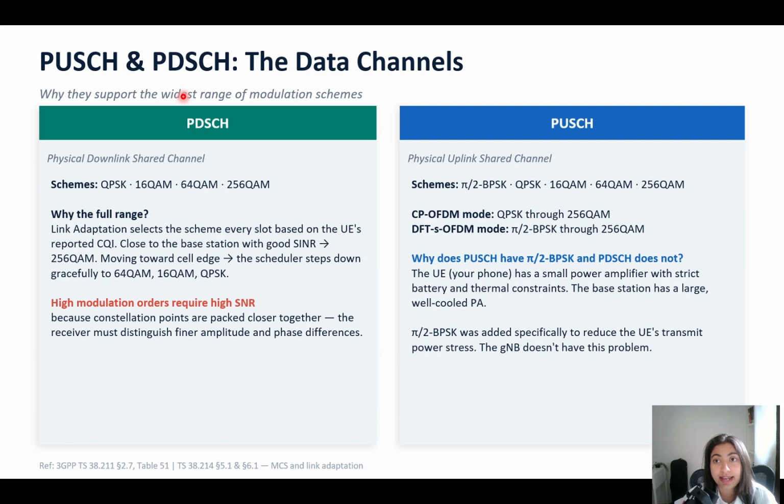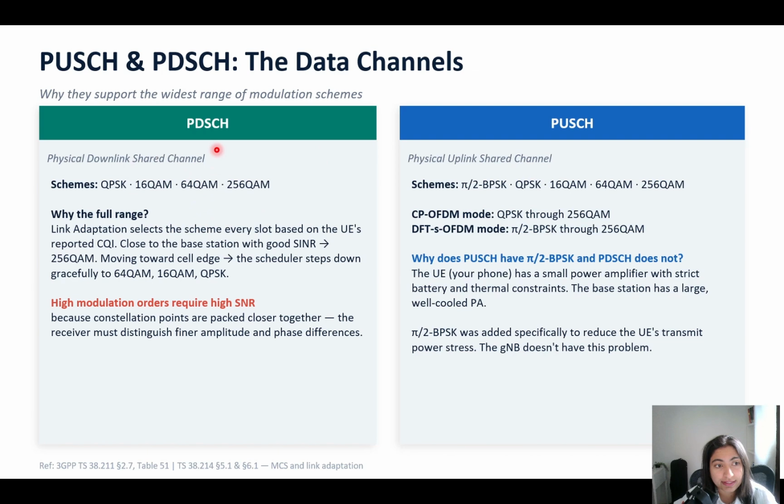The network only assigns them to the UE when it is in connected state and when it knows that the UE has a good enough channel quality. In 6G, the proposed modulation order for PDSCH is up to 1024 QAM. So that's the downlink data channel. For PUSCH, the modulation order will be much lower. 5G supports up to around 256 QAM in release 18.